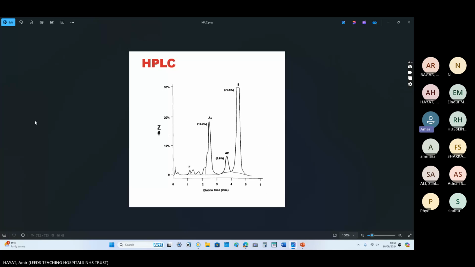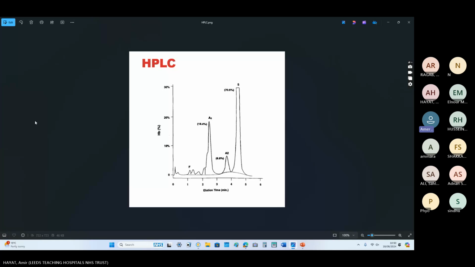This patient has 70% sickle hemoglobin and 18% A. One possibility, if there is only sickle and A and no A2, is that the sickle patient has received a transfusion.